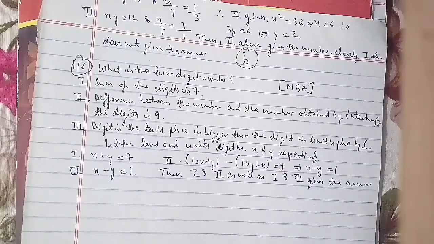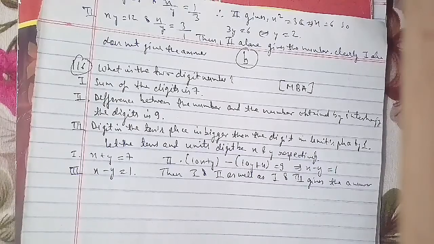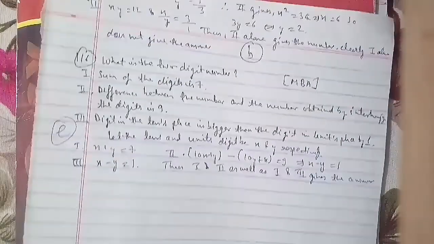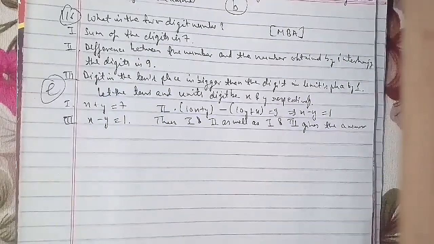What is the sum of the digits of the two-digit number?